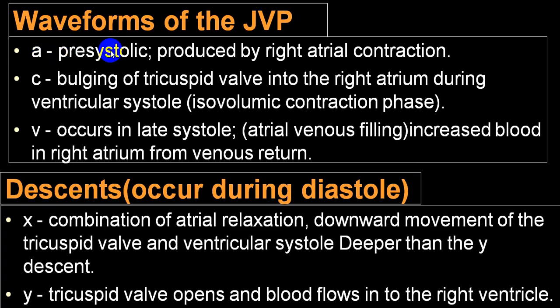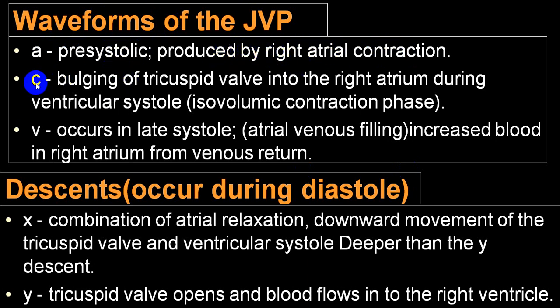The A wave is presystolic, that is just before the first heart sound, and it is because of the powerful contraction of the right atrium, or the active contraction of the right atrium, parallel to the P wave in ECG. This is followed by ventricular systole.